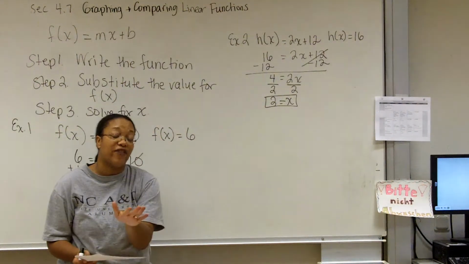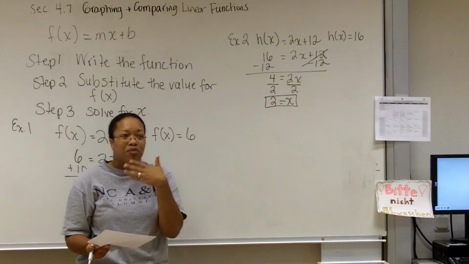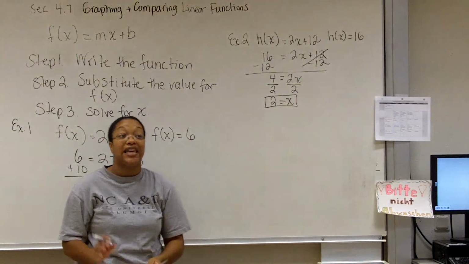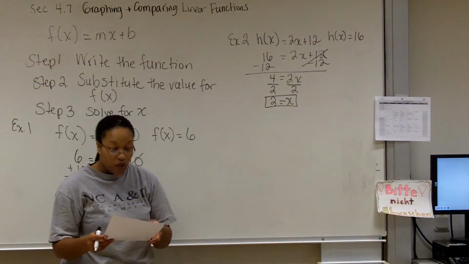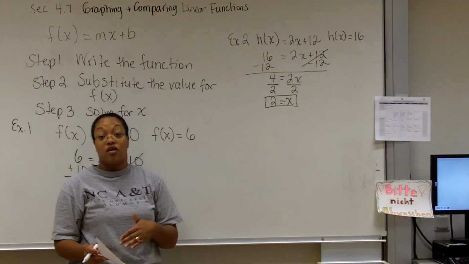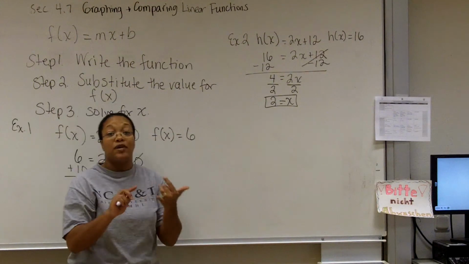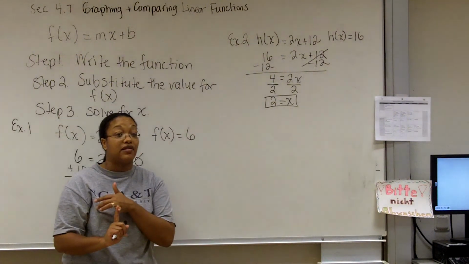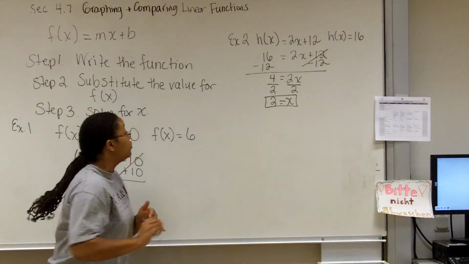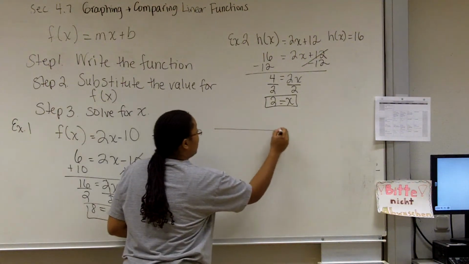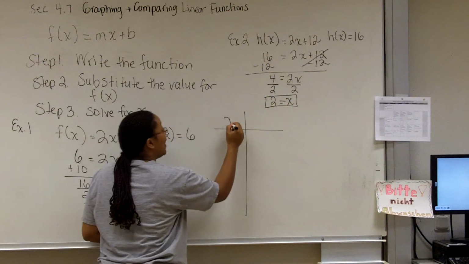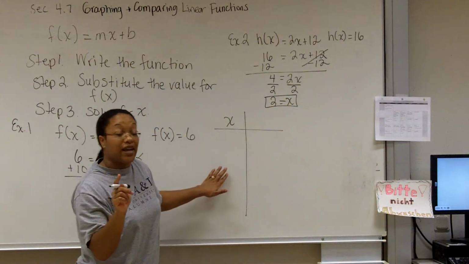Now, when you're graphing functions, it's pretty much the same as if you're graphing equations. We want to set up a table, and we want to graph. Now, I'm not going to go over any of those here, because we've been setting up tables since chapter 1. You know that when we set up a table, you have x values. Remember, that's your domain.